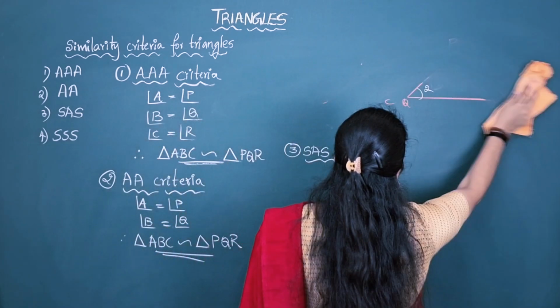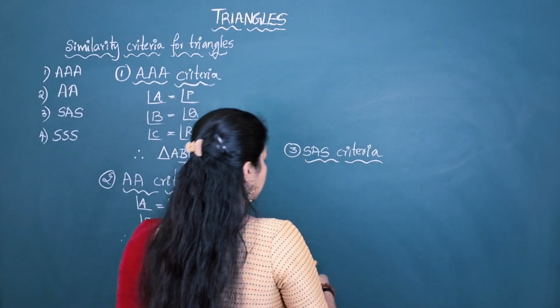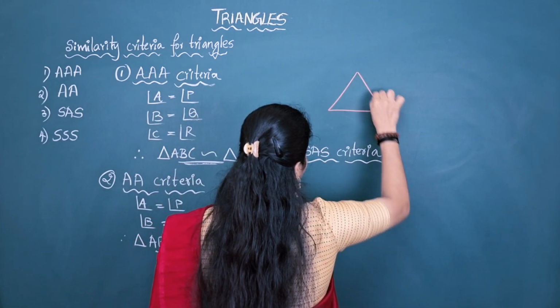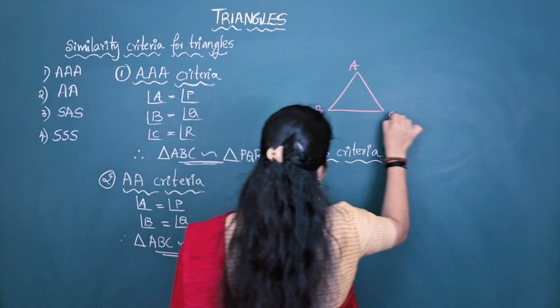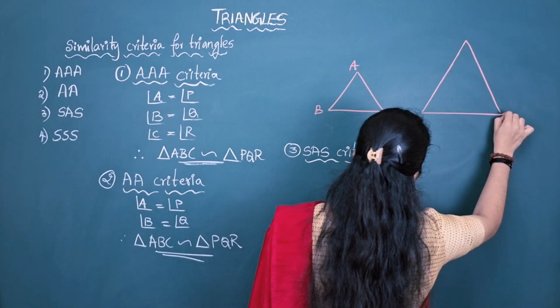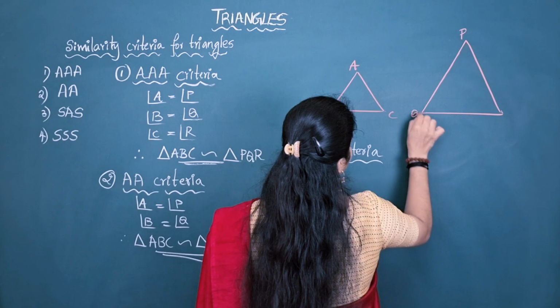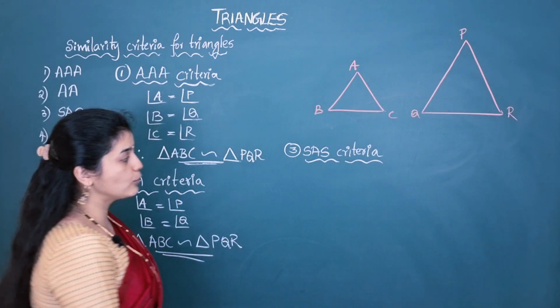Let us redraw the diagram and let us understand. So you have this triangle ABC and triangle PQR.